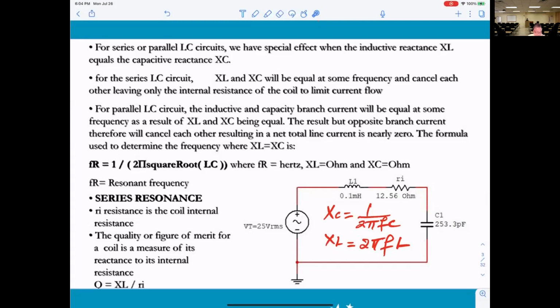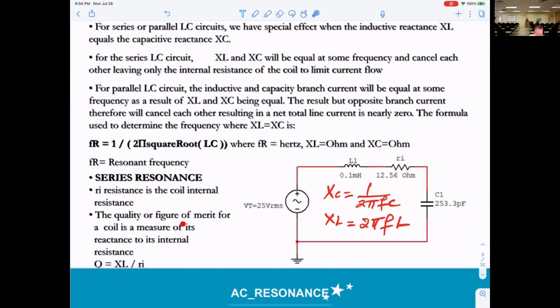Now we're talking about series resonance. RI resistance is the coil internal resistance. The quality or figure of merit for a coil is a measure of its reactance to its internal resistance.